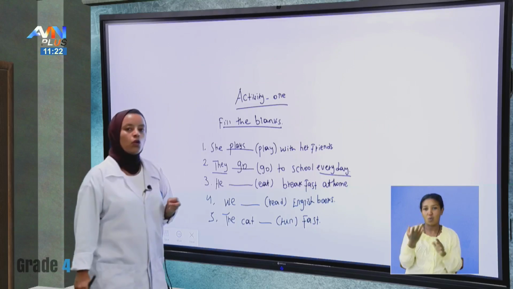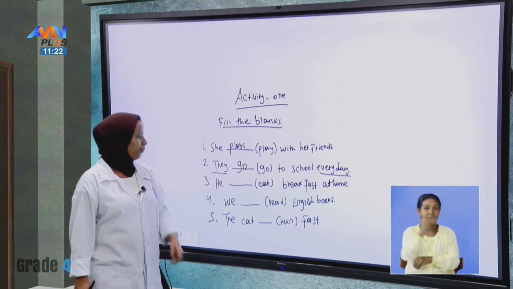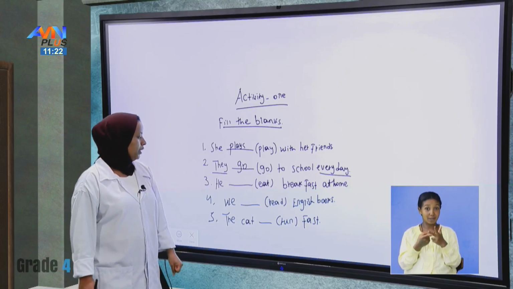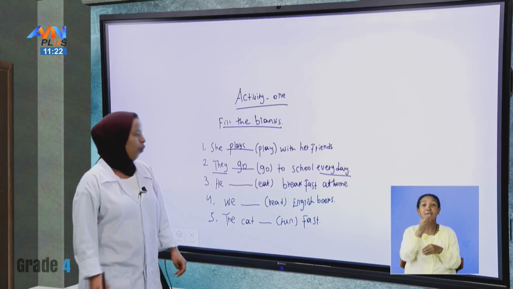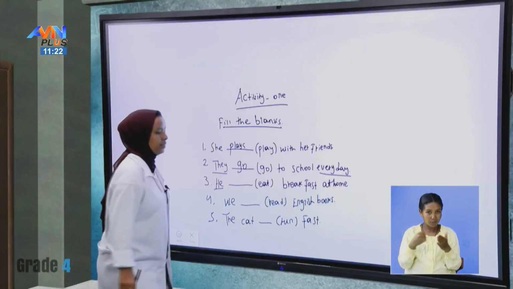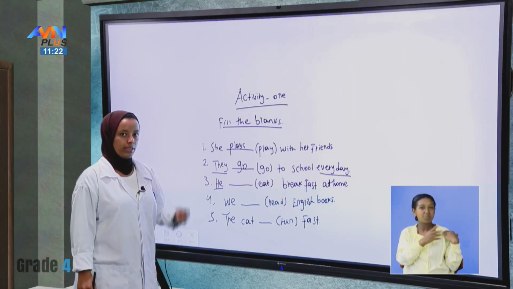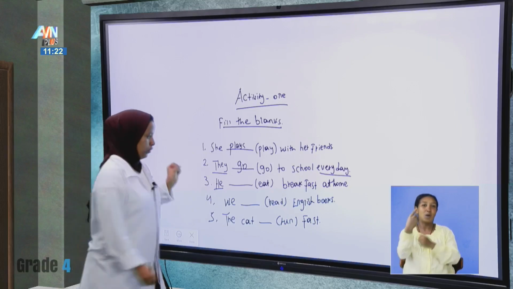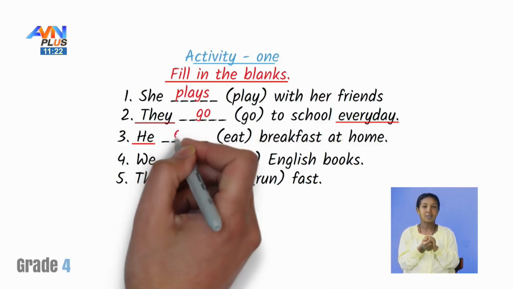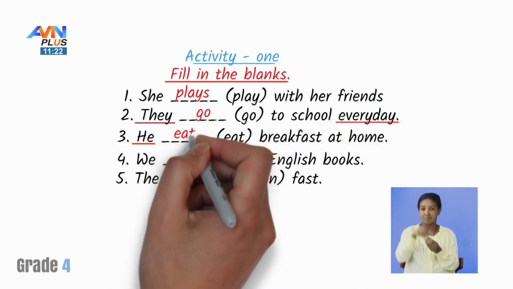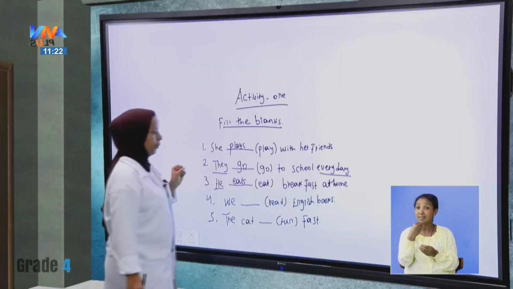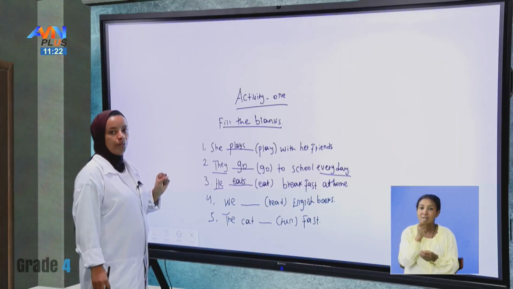They go to school every day. Question number 3. He blank eat breakfast at home. Here is a singular subject, a pronoun, so easily add s at the end of the main verb. He eats breakfast at home.